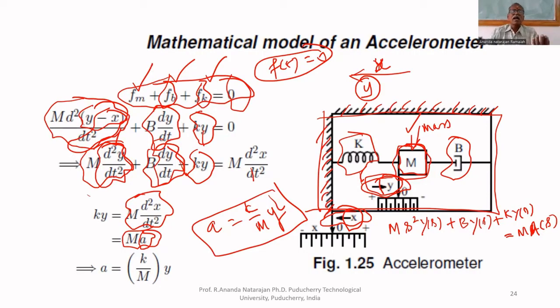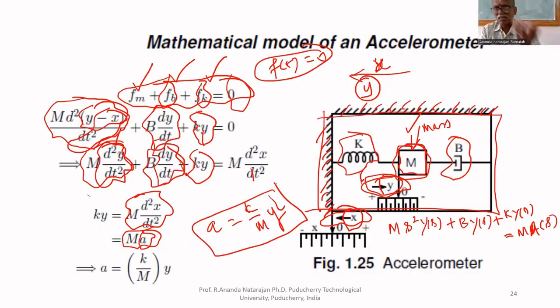What is the output? Acceleration is the output. What is the input? Input is displacement y. Sorry, I said it the other way. Y is the output. Acceleration is the input. For an accelerometer, what is the input? Acceleration is the input.